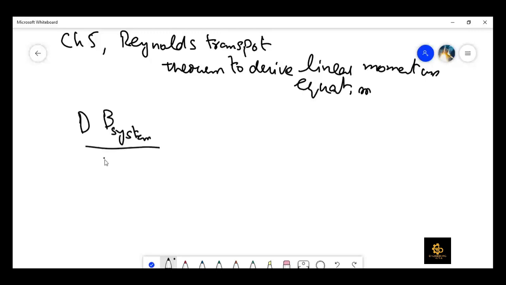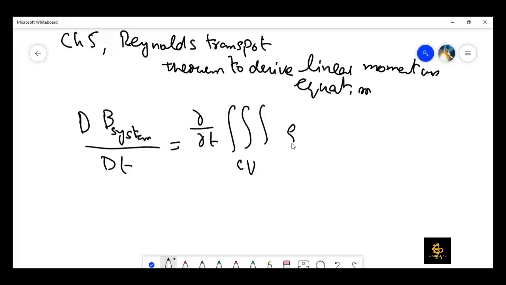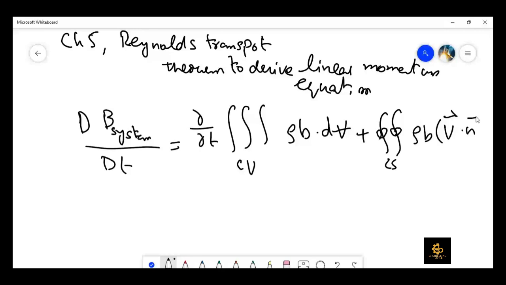Here d is the total derivative, or substantial derivative as we call it, and that is equal to partial by partial t of the integral over CV of rho b dV. Here dV is the volume, and then the flux going through the control surface, that was rho b (V dot n) dA. A is the control surface area.